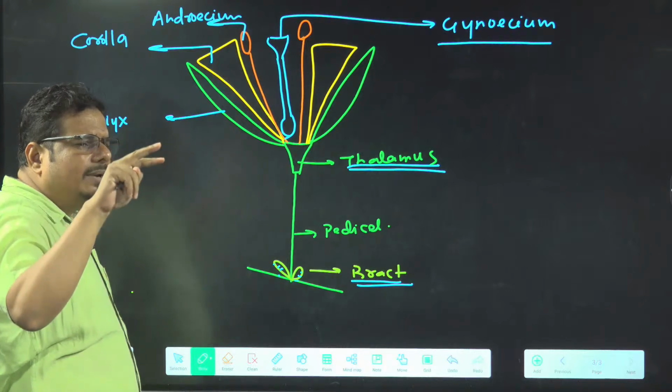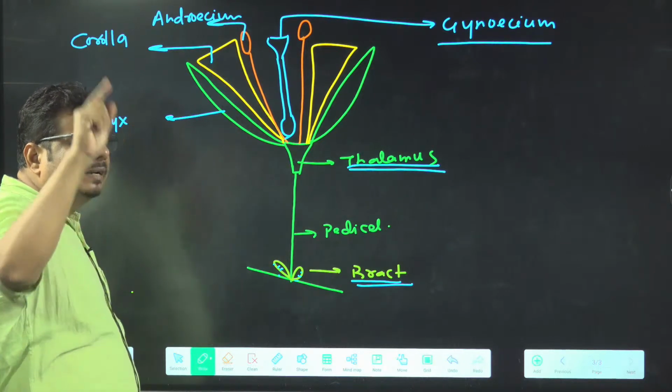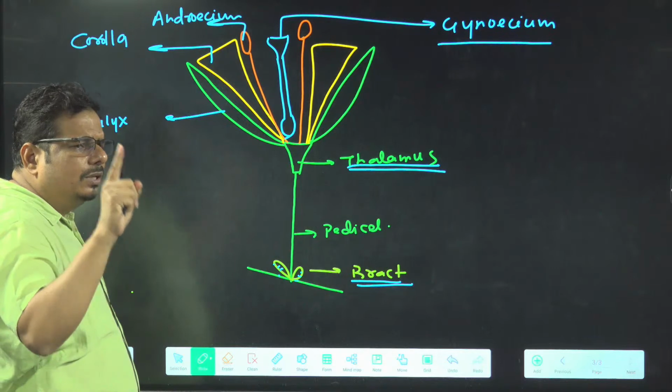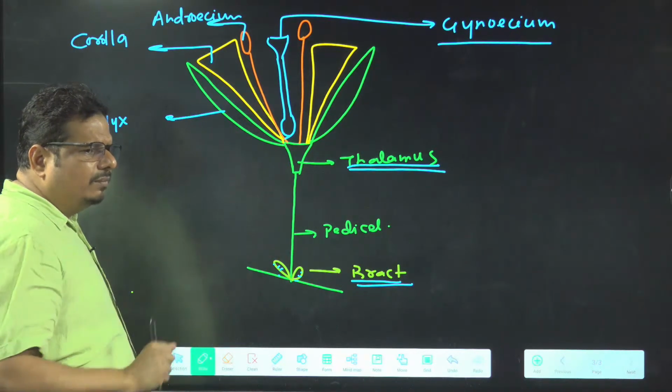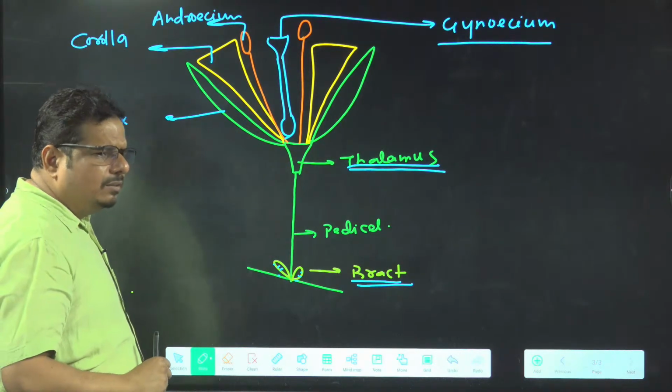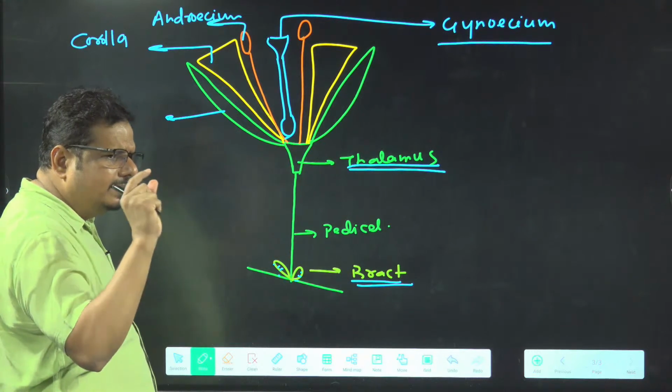And two small leaf-like structures arising from the base of a leaf are called stipules. Don't confuse: stipules are present on the base of a leaf, bracts are present on the base of a flower. These are small leaf-like structures.